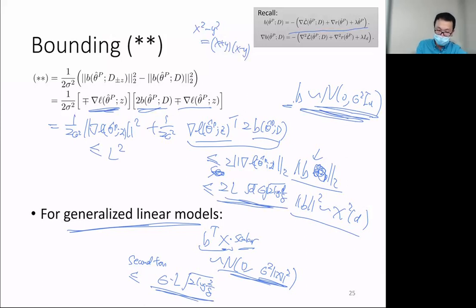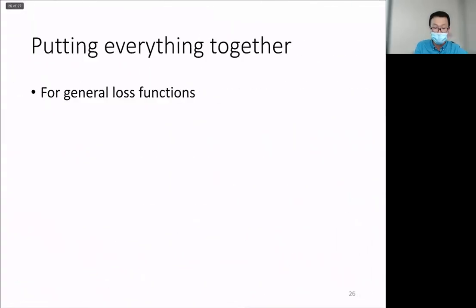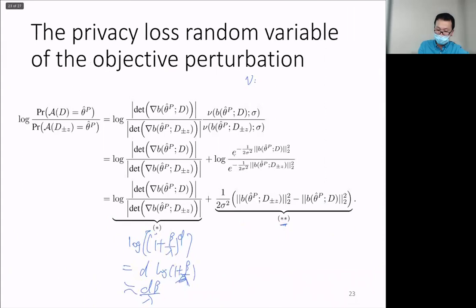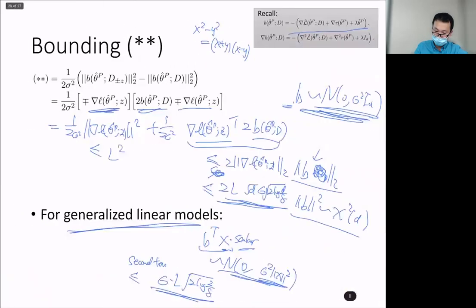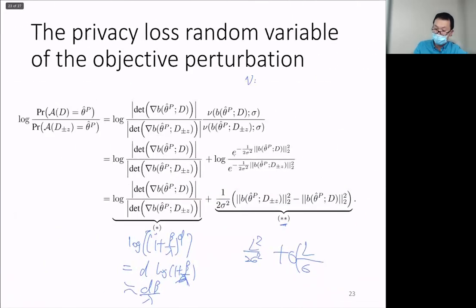Now we have everything. If we put everything together, which I don't have time to write down, over here we have D beta over lambda, and over here we have L squared over 2 sigma squared plus, in the case of the generalized linear model, some order of L. We have dividing by sigma squared, but we have a sigma on top of this, so we'll have 2 times log 1 over delta.